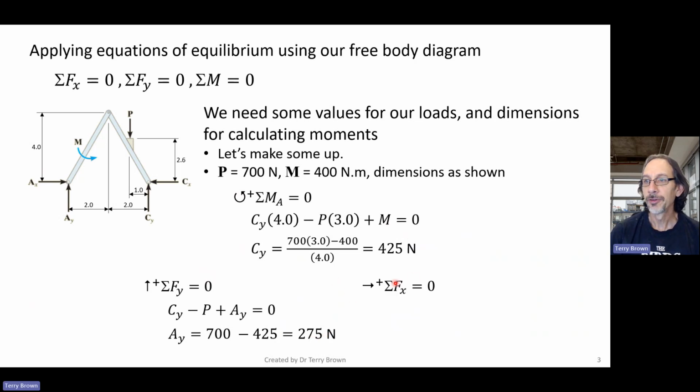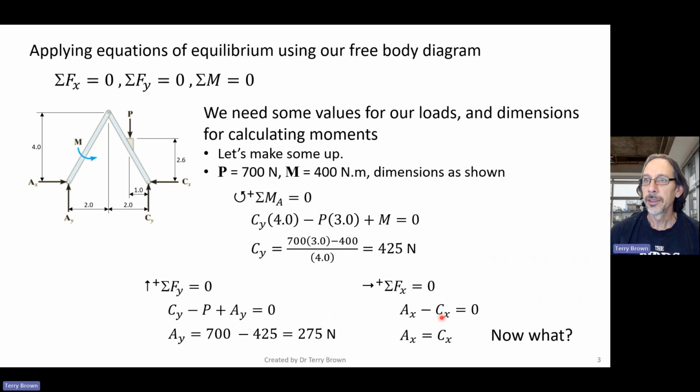Now, if we do the sum of the forces in the x direction equals 0, we find that we have Ax minus Cx. Nothing else appears in the equation, so we can't solve for either of those two unknowns yet. The best we can say is that Ax is equal to Cx.